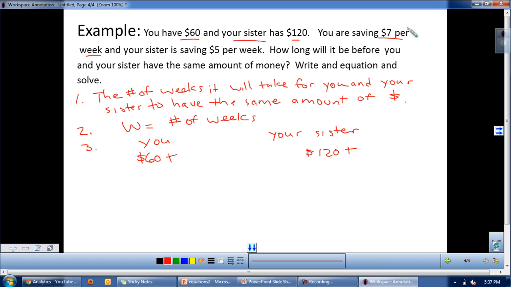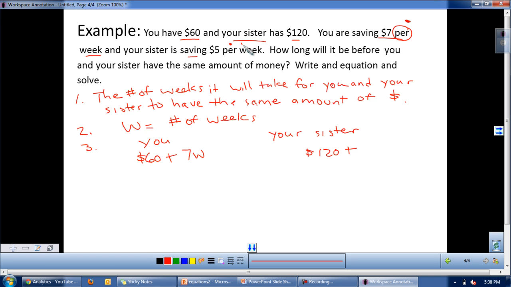We know that the "per" in our notes means to multiply. And since we use the week, we represent week with W, we go ahead and write the expression: 7 times W. And if we do the same thing for your sister, saving is add $5 per week.